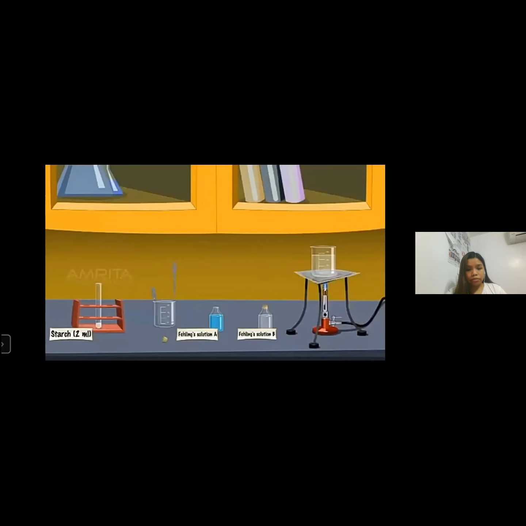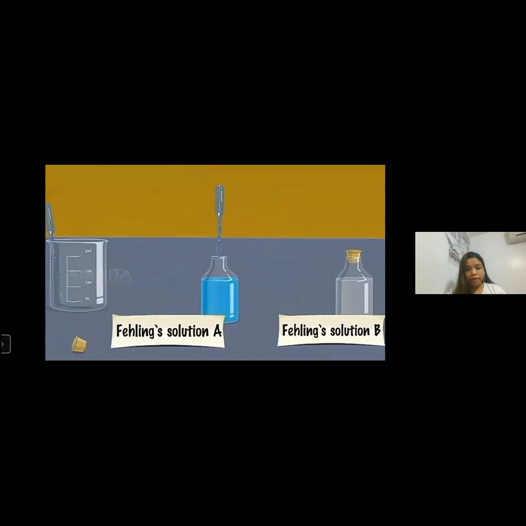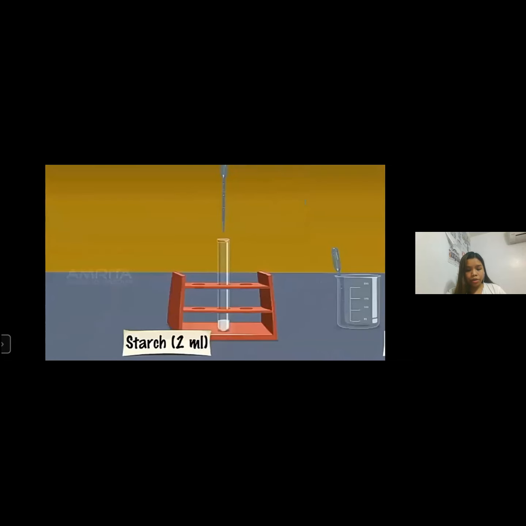Now let us proceed to starch. Again, same process. We are going to take 2 ml of Fehling's solution A and place it into the test tube containing the 2 ml suspension of starch.